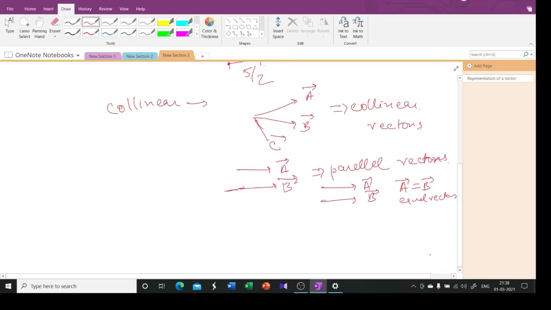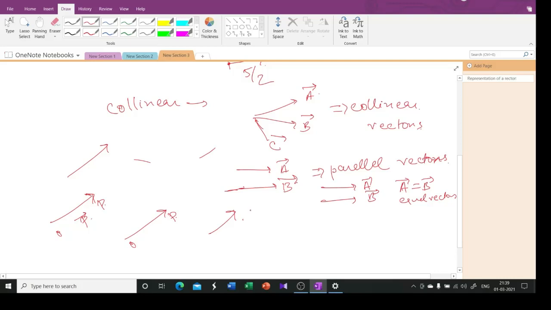As simple as that. Now, one important property of vectors is that suppose we take this vector P. As long as this vector has the same length and points in the same direction, and we don't change its direction, we can move it anywhere in space. We can bring it here, here, anywhere according to our ease.